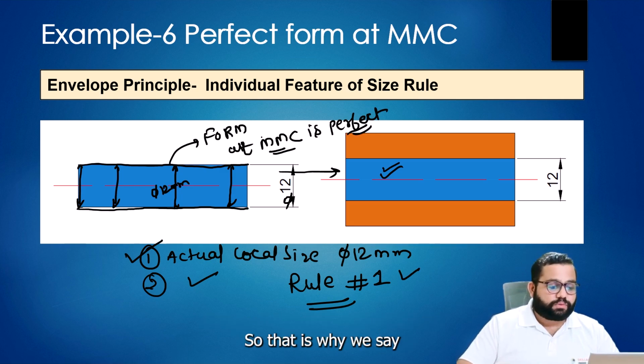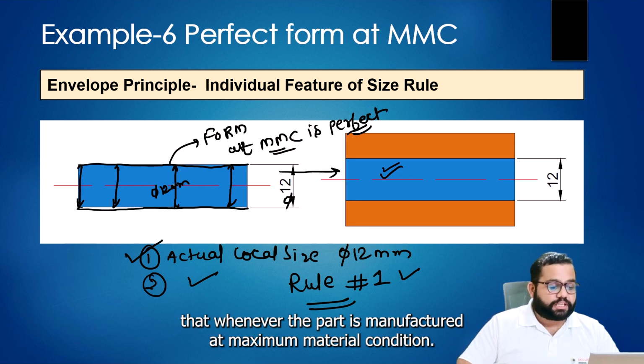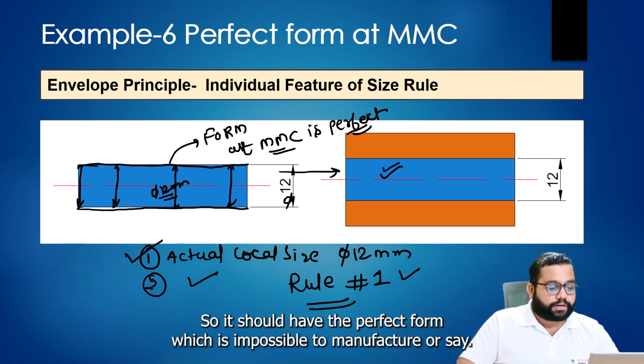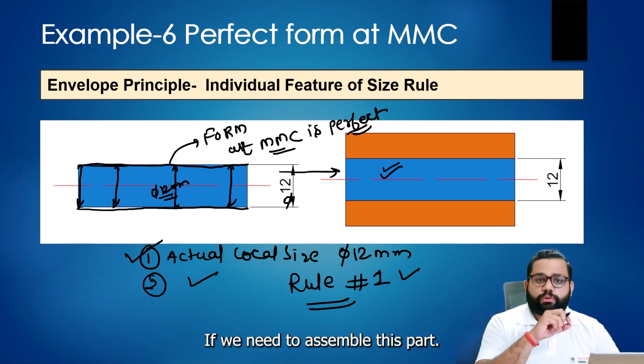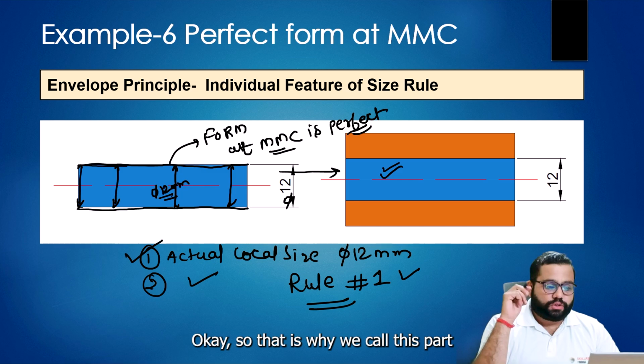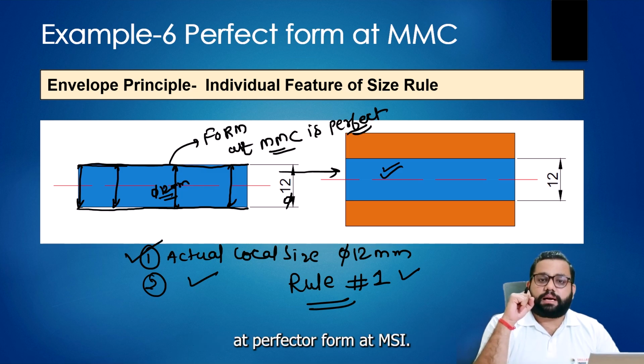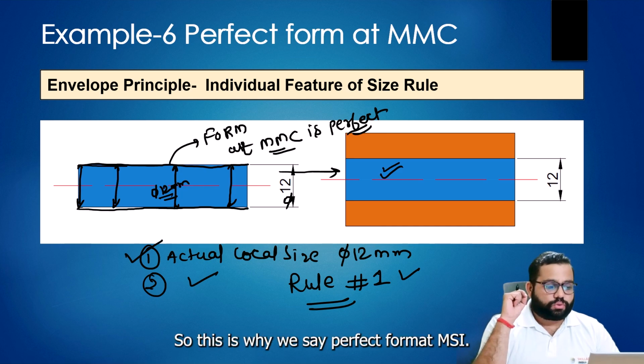That's why we say that whenever the part is manufactured at maximum material condition, it should have the perfect form, which is impossible to manufacture, or it will increase the cost very high if we need to assemble this part. That is why we say perfect form at MMC.